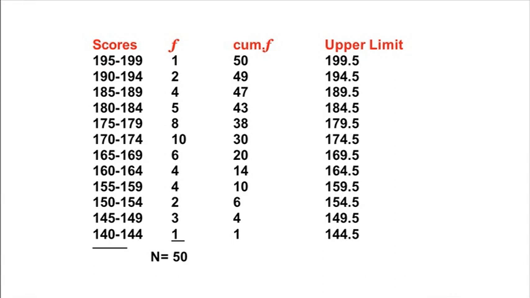Lowest is 140 to 144, highest is 195 to 199. The respective frequencies, if I start from the top, are 1, 2, 4, 5, 8, 10, 6, 4, 4, 2, 3, 1. So, this is your frequency.